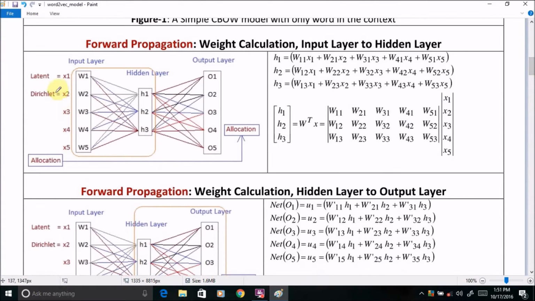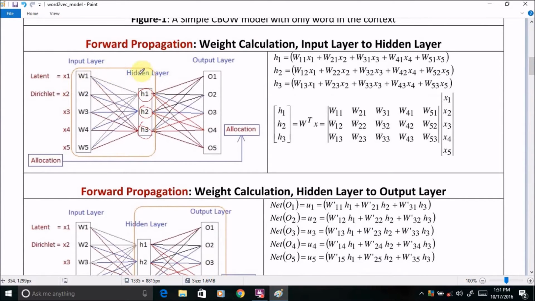So the first phase of the system is forward propagation and weight calculation. In the forward propagation, we will calculate the weight at hidden layer node H1, H2 and H3.